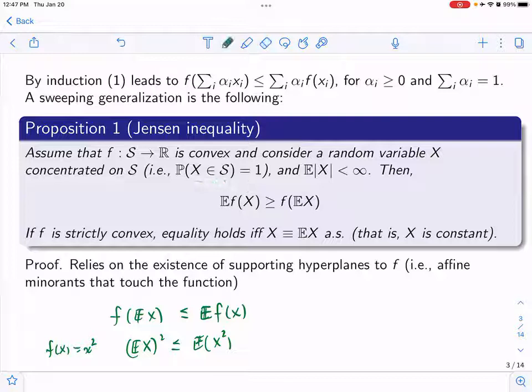These are probabilistic statements. You don't care about the behavior of the function outside the support of the distribution of x. The only other condition is that the expectation of x be meaningful, so that x is integrable. This condition implies that E of x makes sense. So this side makes sense. This side could be infinite. It's fine.